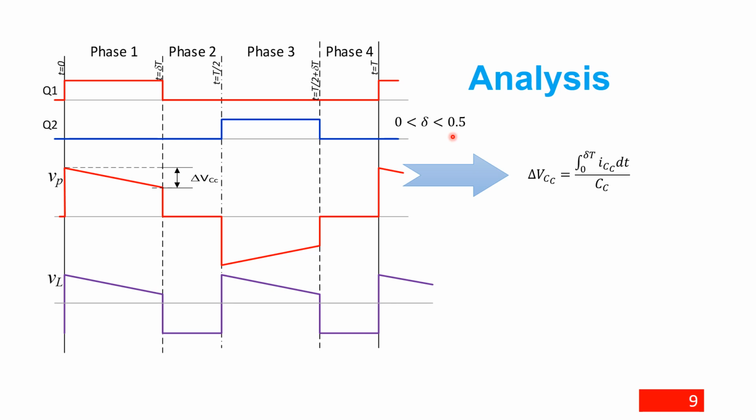The capacitor voltage is determined by the current and the capacitance. The average output voltage obtained by the inductor voltage equilibrium equation shows that the output voltage is not affected by the capacitor voltage and is determined by delta only.